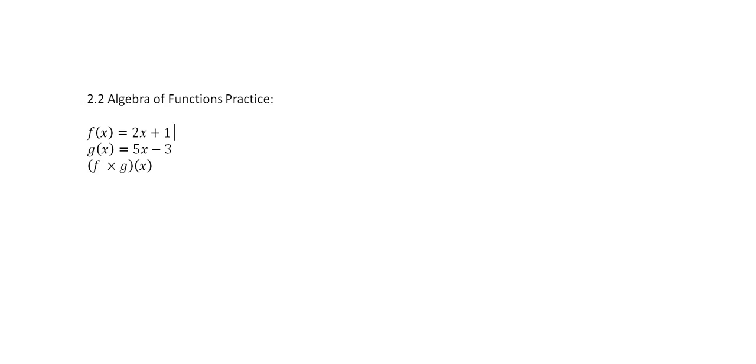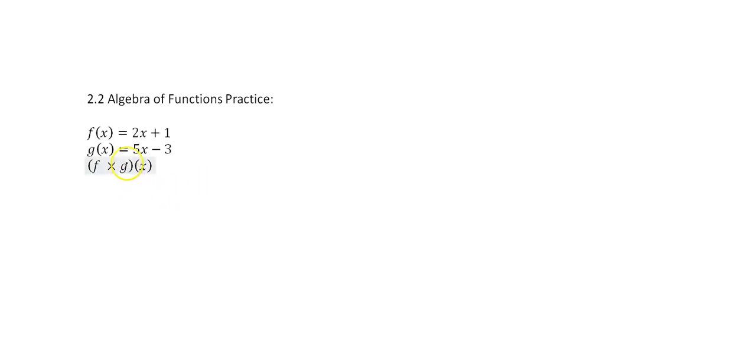So you wouldn't have an f of g of x, you would have f of x plus g of x, or some other thing where you've actually got two items or three items working together, as opposed to having to deal with finding an output from an input and then using that as a new input. So that's really the big key difference between algebra of functions and composition of functions. But let's go ahead and do some practice problems.